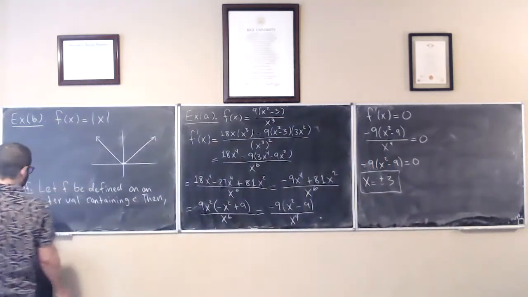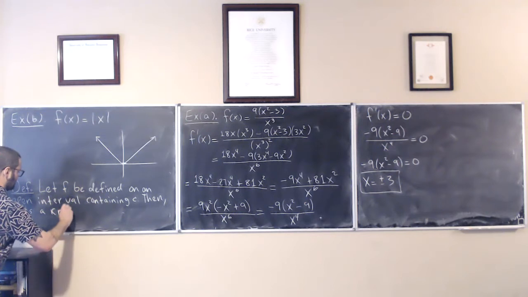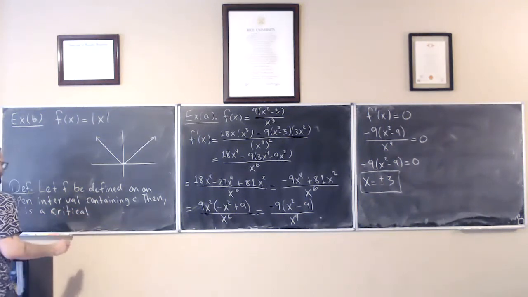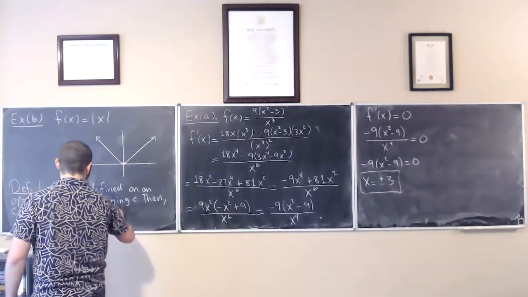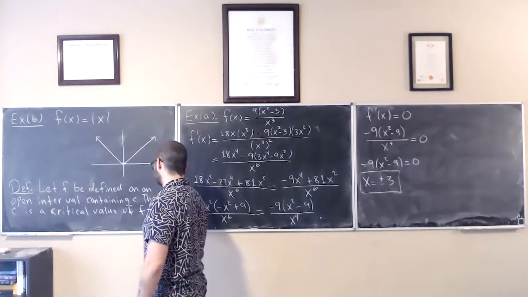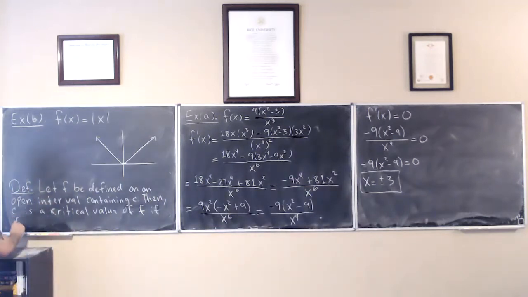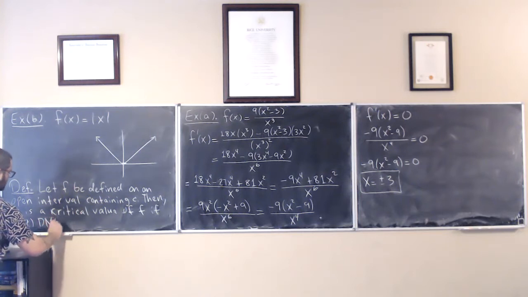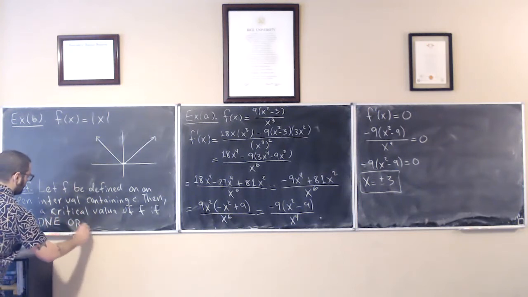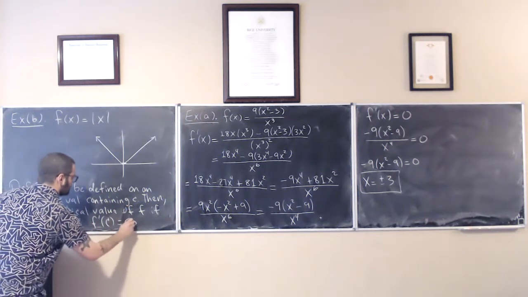So then C is a critical value of f if f prime of C does not exist, or f prime of C is equal to 0.